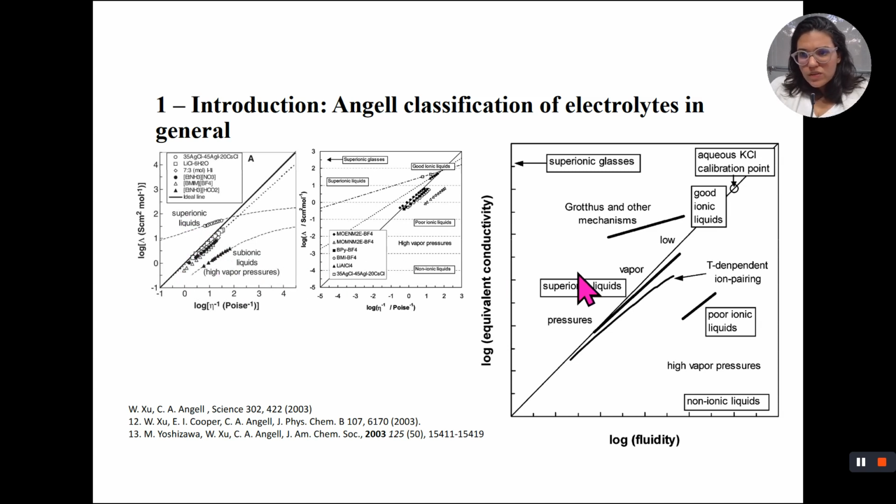So he evolved his idea until he had this graph at the right side, where he classified the electrolytes in a huge range of viscosity numbers and ionic conductivity values. To give you an idea, aqueous potassium chloride is located at this point here in this graph.